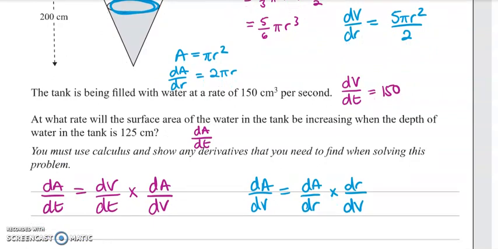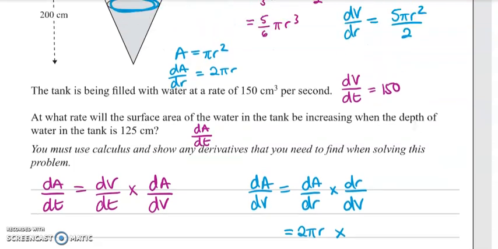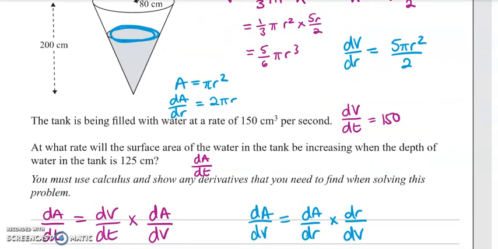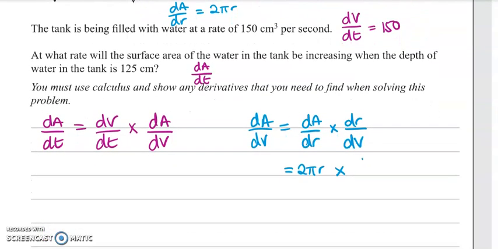Okay, so if we pop that back into our chain rule to work out dA by dV, then we get dA by dr is 2 pi r, and dr by dV is the reciprocal of this dV by dr that we just worked out. So that'll be 2 over 5 pi r squared. So those pi's cancel out, one of the r's cancel out, and we're left with 4 over 5r for dA by dV.